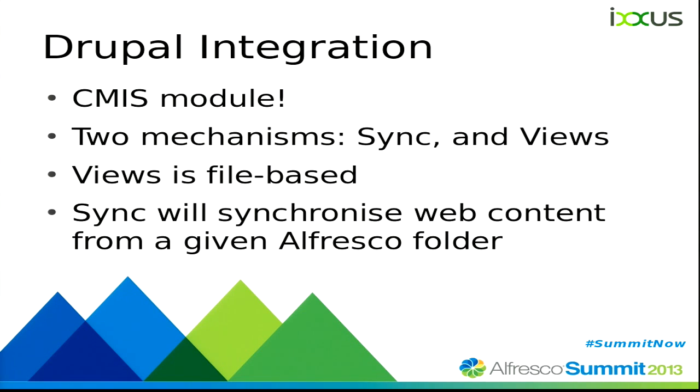Views essentially allows you to expose a number of files in your front end and then give users the ability to click on them and download them directly from Alfresco. That's very powerful, but for our particular use case, we wanted to explore how storing content in Alfresco would help us, because once we had content in Alfresco, we had access to a huge number of Alfresco's back-end services. So we wanted to make use of those.